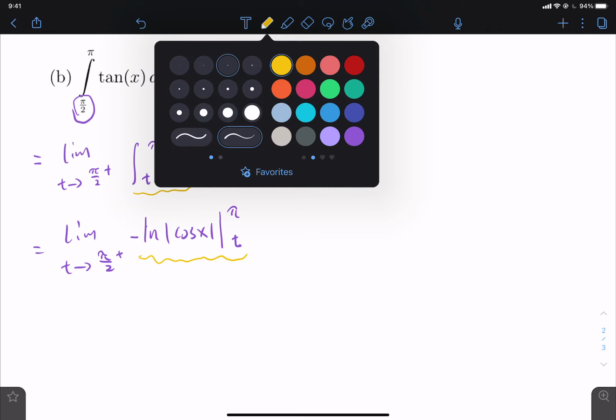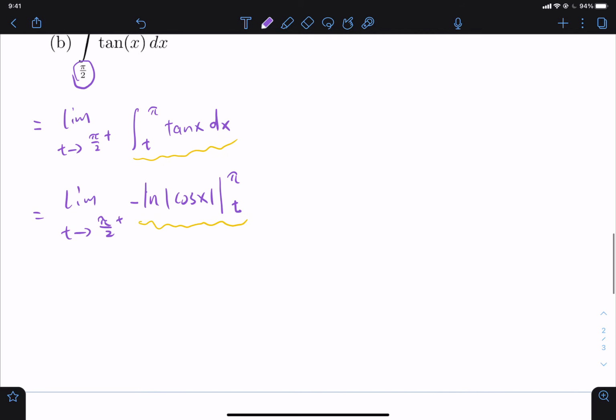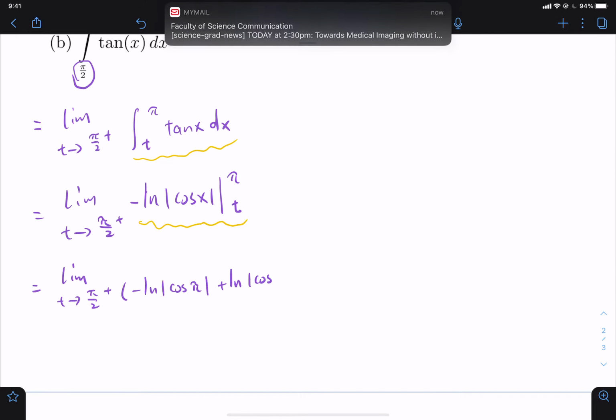Okay, and after this we can plug in, right? So plug in, we have the limit as t goes to pi over 2 plus of negative ln of cos pi, right, plus ln of cos t.